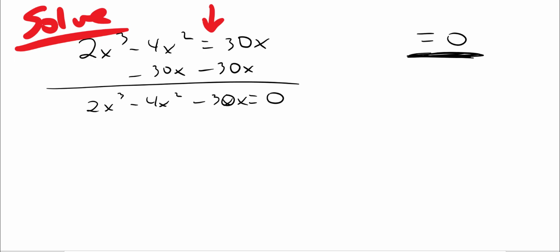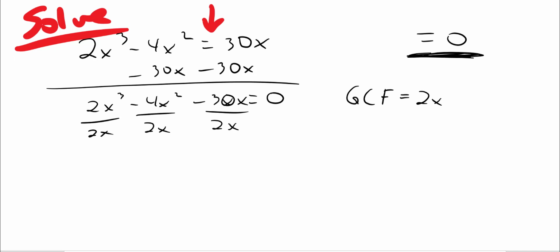What's our next step? Greatest common factor. Well, they're all even numbers, and there's an x in each one, so I would say my GCF is 2x. So I can divide each of these by 2x. Don't forget to put that on the outside. That's one of our answers. So if I divide, I get x squared minus 2x minus 15 equals 0. Then we're going to use the x method here.